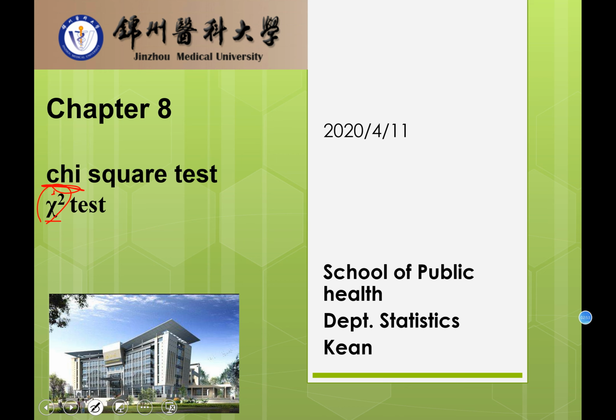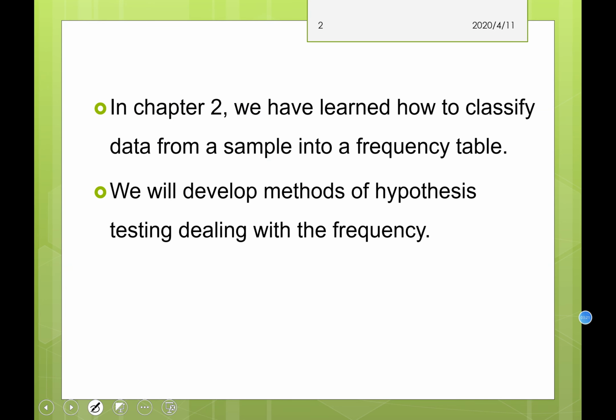So, as I mentioned just now, this method, what we will learn in chapter 8, is a method of hypothesis test for categorical data. And most often, we use this method to deal with the data listed in a frequency table. So this is what we need to learn in chapter 8.